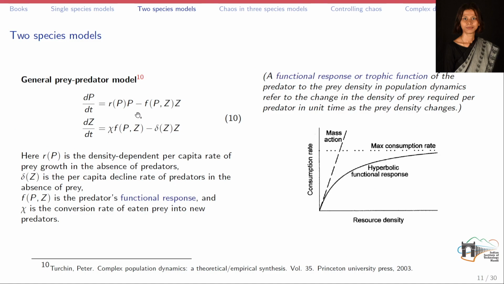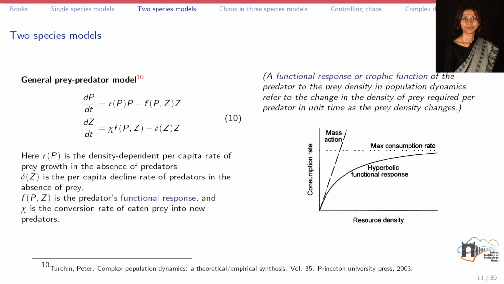So here this f(P,Z), as I introduced, is the functional response. Based on the nature of the prey and the predator population, we consider different forms of these functional responses in the mathematical model. For that we must understand what a functional response is.